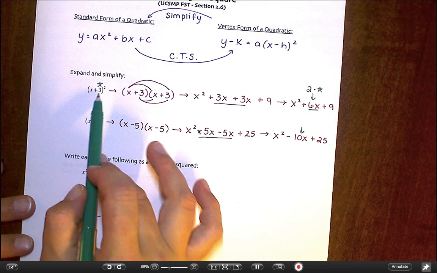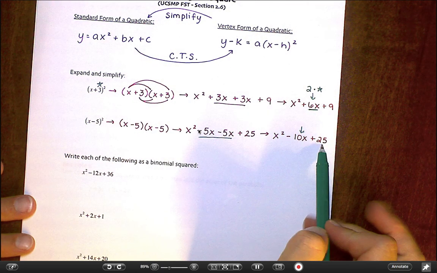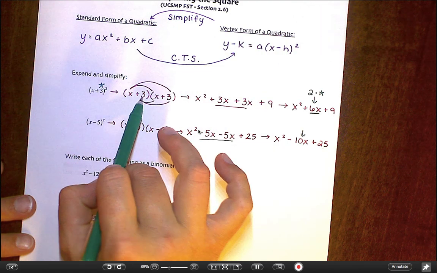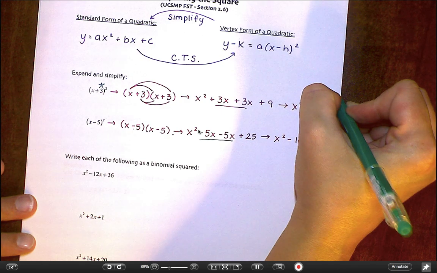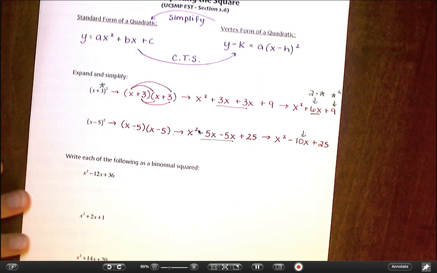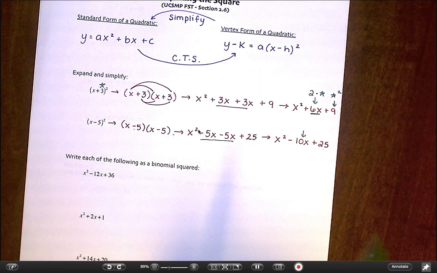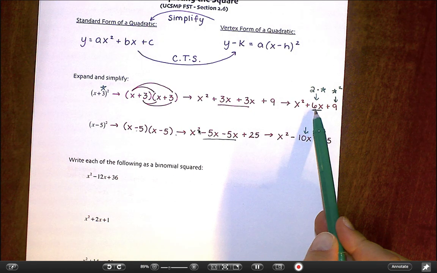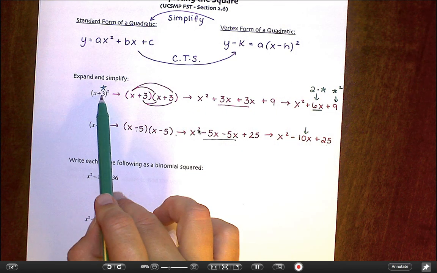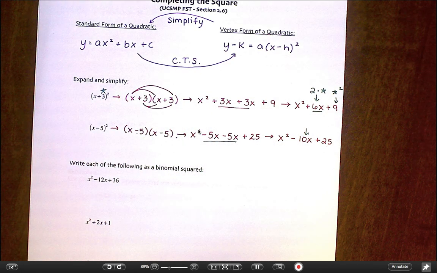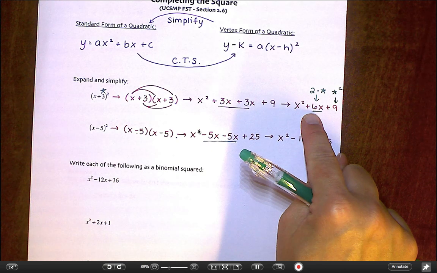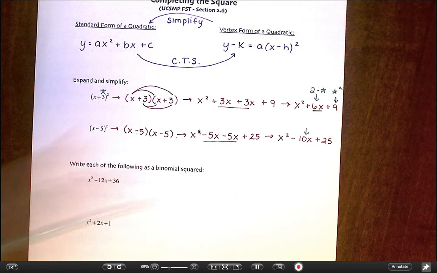And then this number on the end, this constant, is always that number times itself, or in other words, that star number being squared, okay? So that's the relationship you need to recognize, is that this number in the middle comes from doubling this number, and the number on the end comes from squaring that number. And so if I give you something like this, you should be able to turn it back into this by recognizing that pattern. So that's what I want you to try to do now.